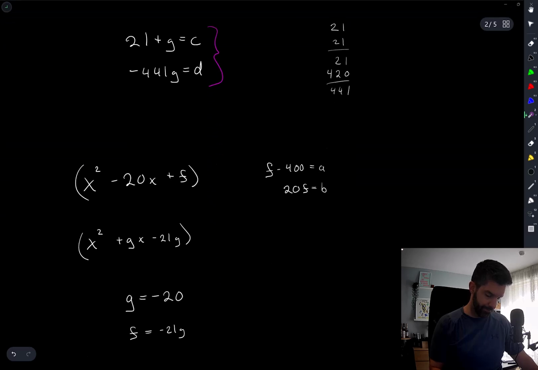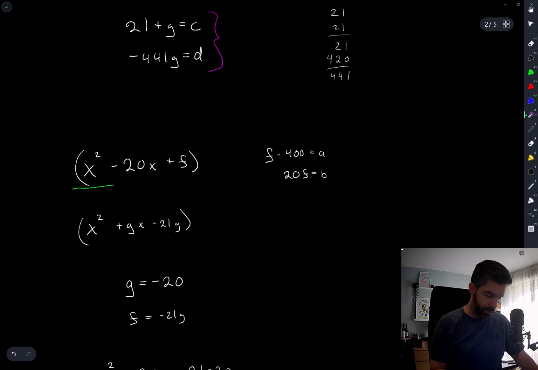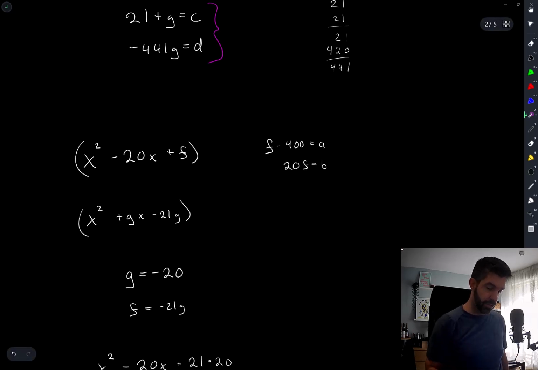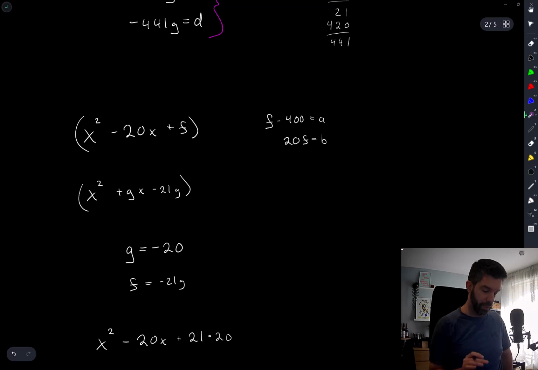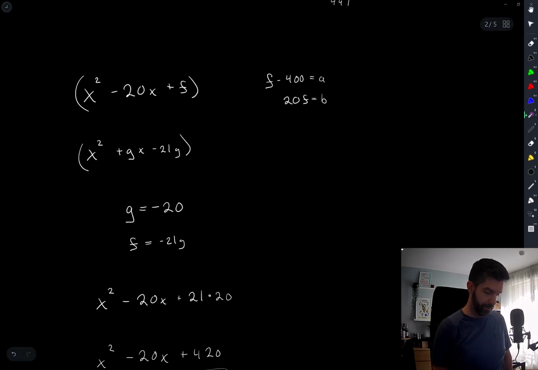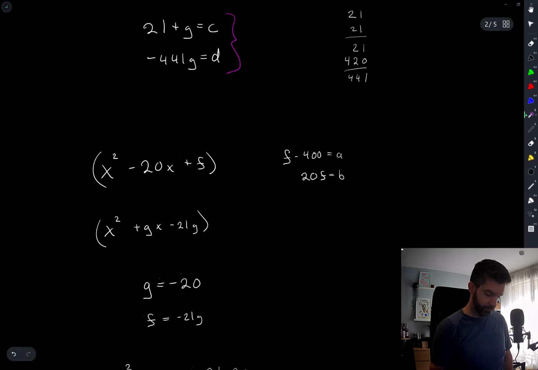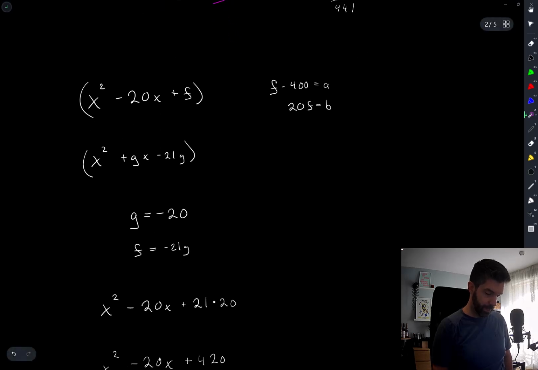Okay. Now, the two quadratic polynomials we have here as factors, we're told they share a complex root. The coefficients are real. This means they share both of their complex roots, and they are in fact the same polynomial. So we know that g is negative 20.